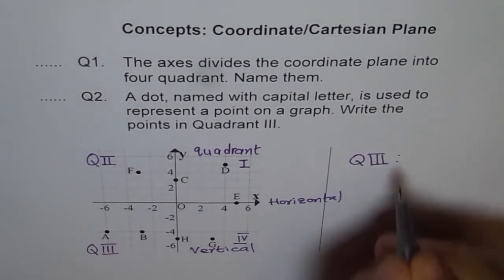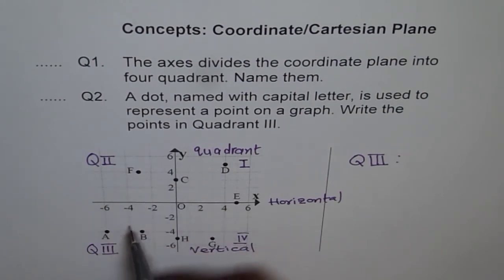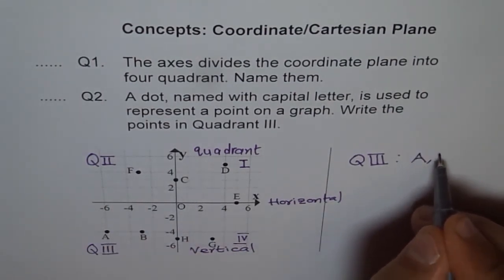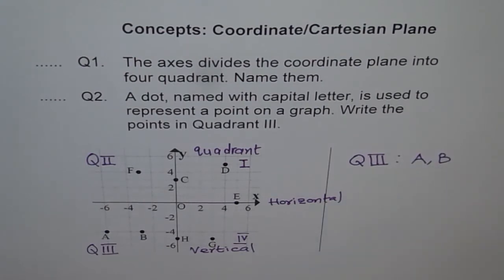In quadrant 3, this is 1, this is 2, this is 3. So we have A and B in quadrant 3. Correct. Now, how about this point H? Is H also in quadrant 3? For the time being, we will say no. Only A and B lie in quadrant 3.